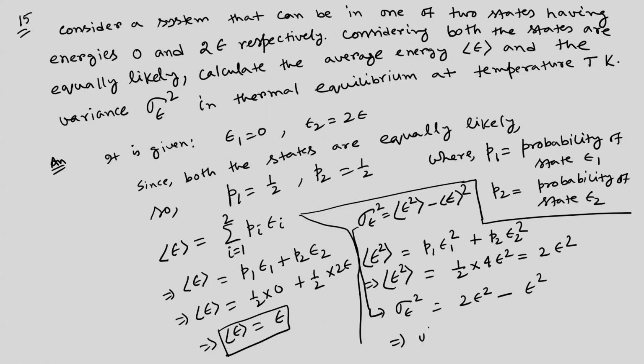So, we get the variance in energy sigma epsilon to the 2 is nothing but epsilon square. So, again this is a very straightforward and simple problem.